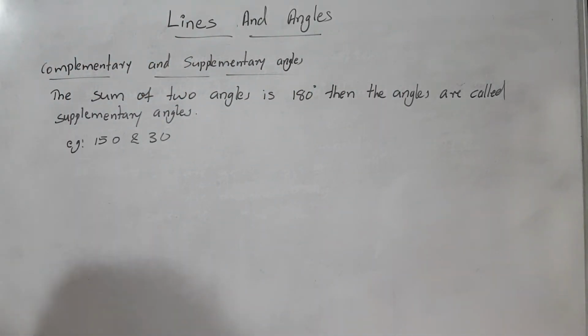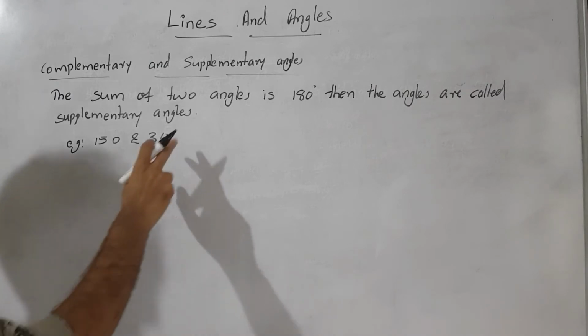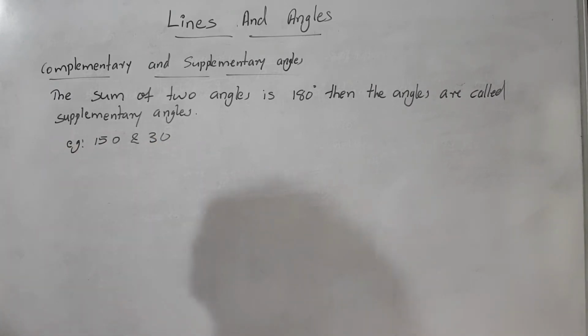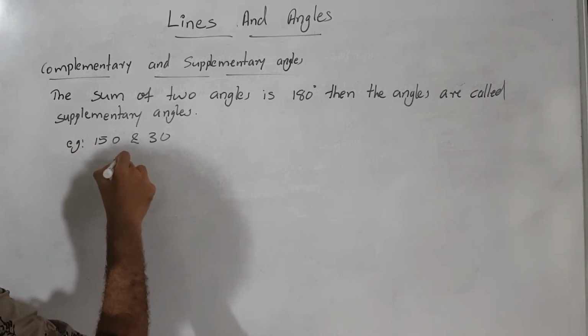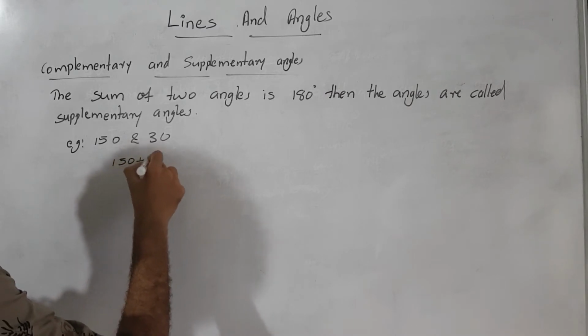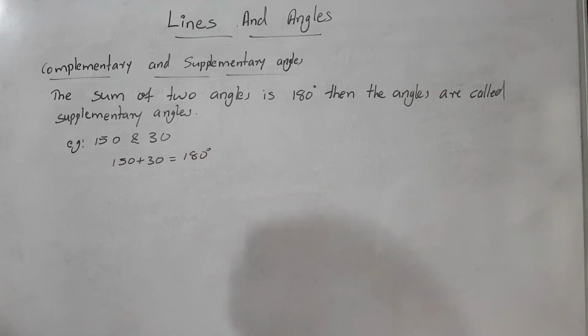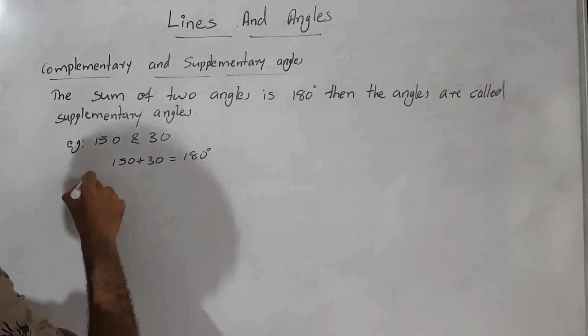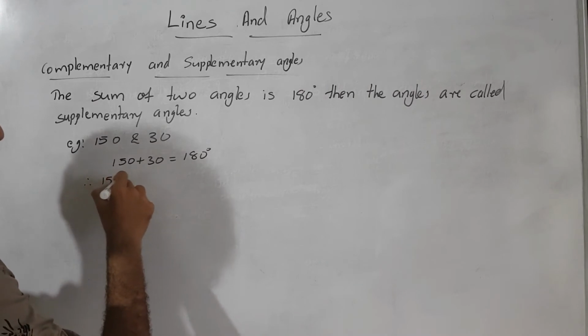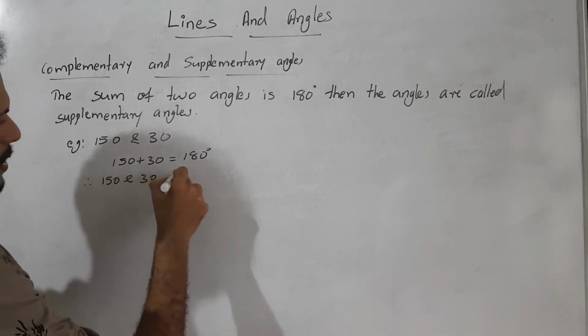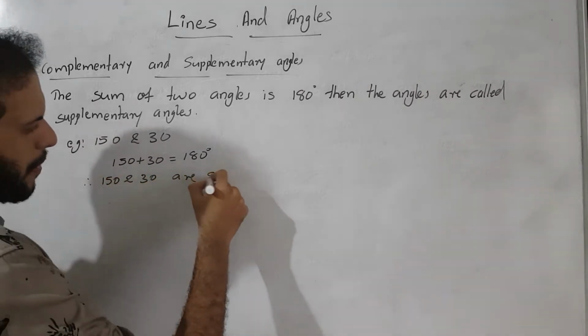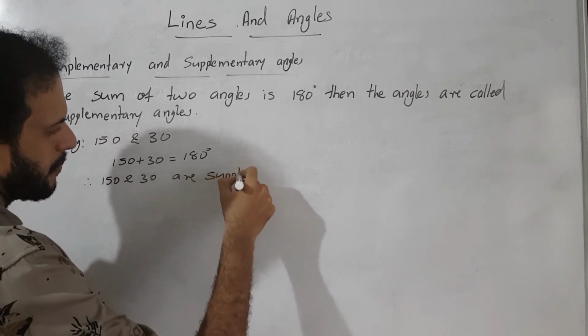For example, why do we call 150 and 30 supplementary angles? Because 150 plus 30 is equal to 180 degrees, correct? 150 and 30 sum to 180 degrees, therefore 150 and 30 are supplementary angles.